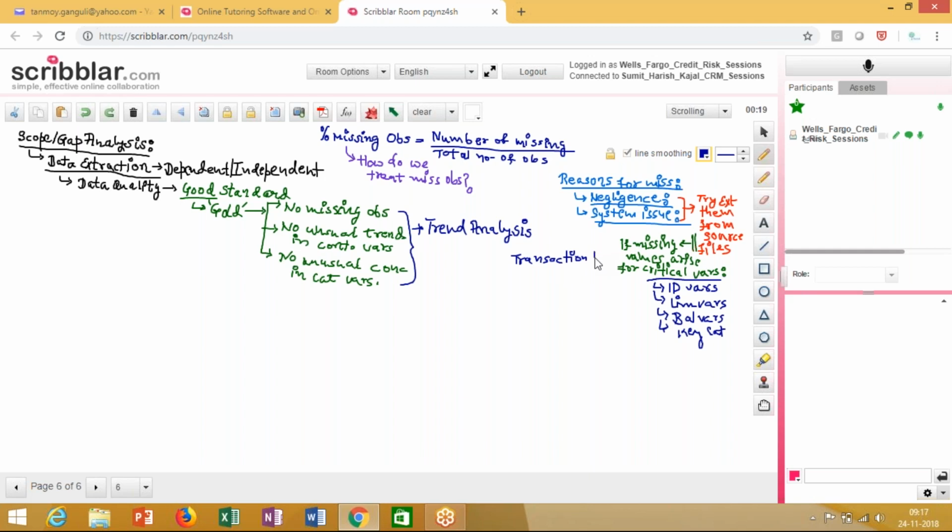The transaction ID is an ID variable which is relevant in the retail domain, or it is also relevant in the commercial domain mostly, where you have multiple transactions actually occurring. In the retail portfolio, transaction IDs are mostly known as account IDs.